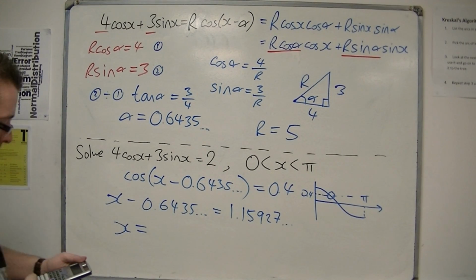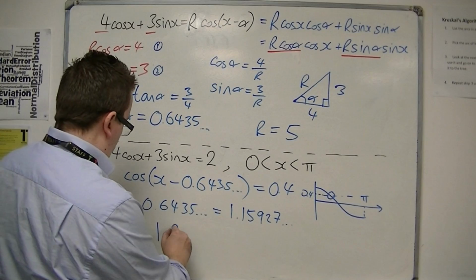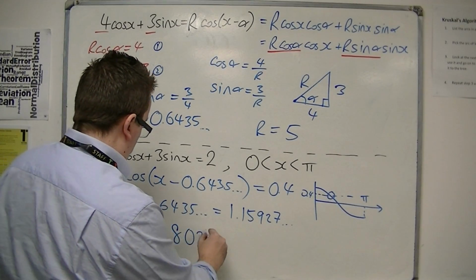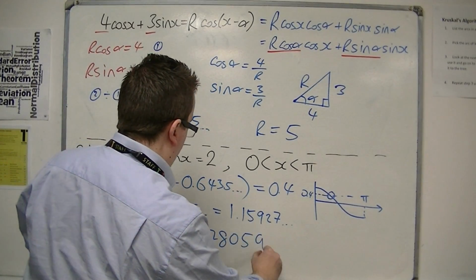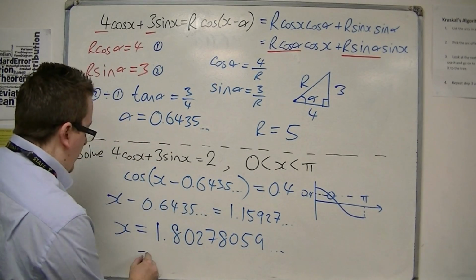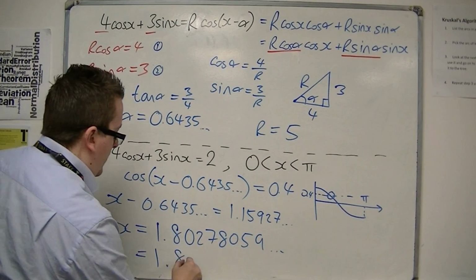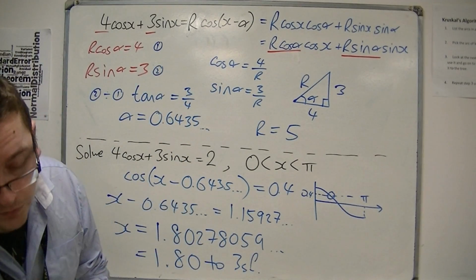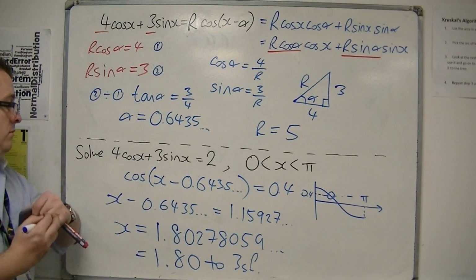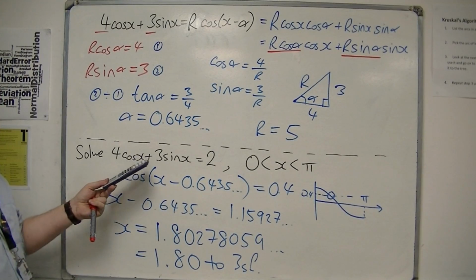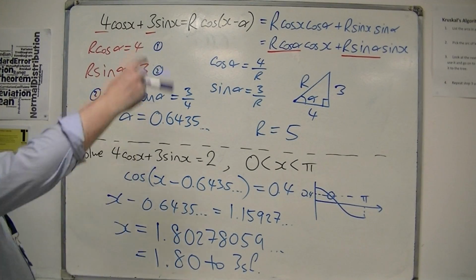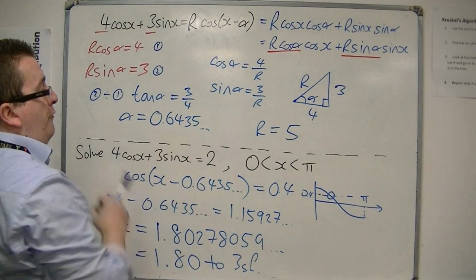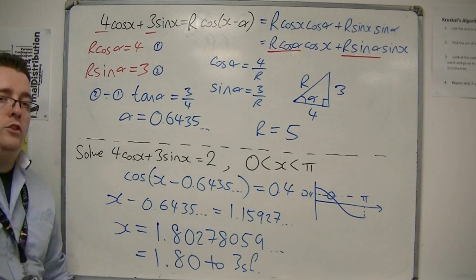Make sure that's right. So that's 1.80278059, which to 3 significant figures is 1.80. And that is my only solution for this original problem. Okay? And that is how we can use the equivalent form to solve a trig equation like this.